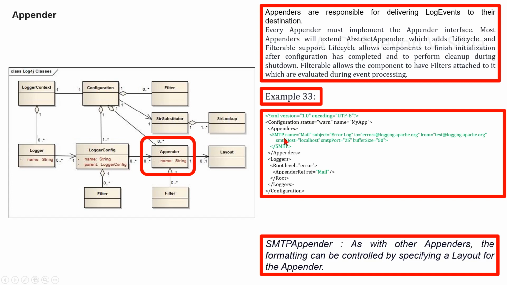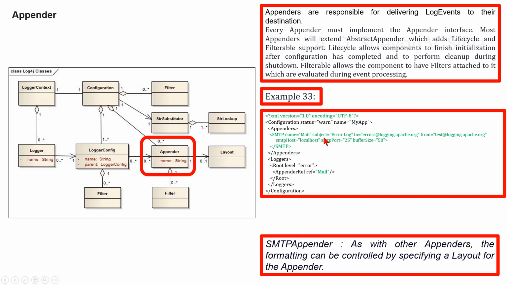The circumstances on when the email is sent can be controlled by setting one or more filters on the appender. As with the other appenders, the formatting can be controlled by specifying a layout for the appender. The SMTP appender parameters: name, type String, the name of the appender.